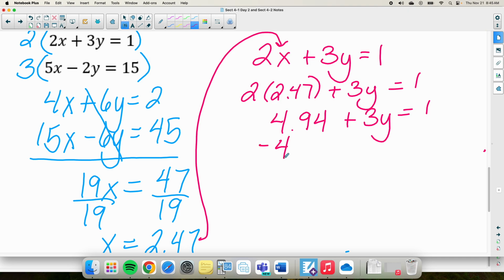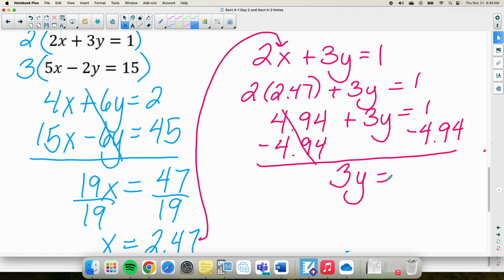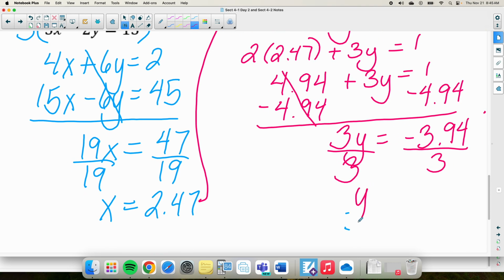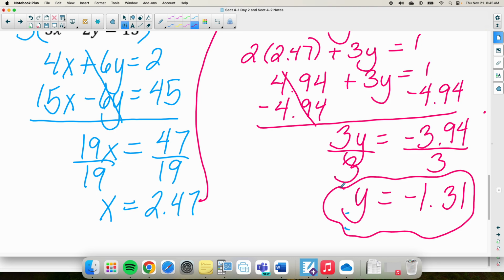Then I would subtract 4.94 and 3y would equal negative 3.94. Divide by 3, and y is, you're going to get negative 1 point, is it like 31? 1.31 or so? Yeah. Okay, but like I said, you normally wouldn't get decimals like that.